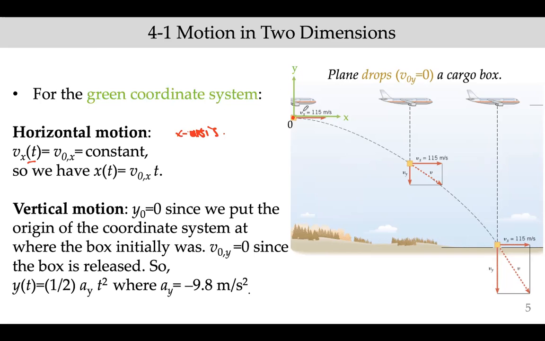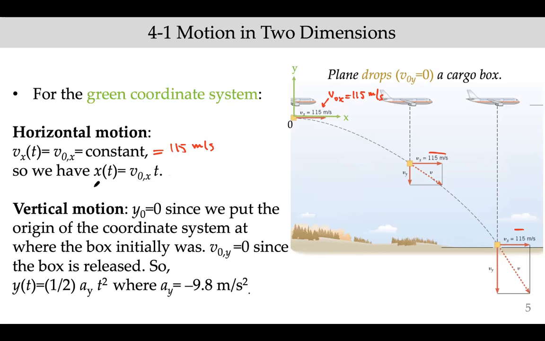And it will be equal to v0x, which is 115 meters per second. Since there's no acceleration in the x direction, it will always be the same. So it will be constant. So this is going to be 115 meters per second.